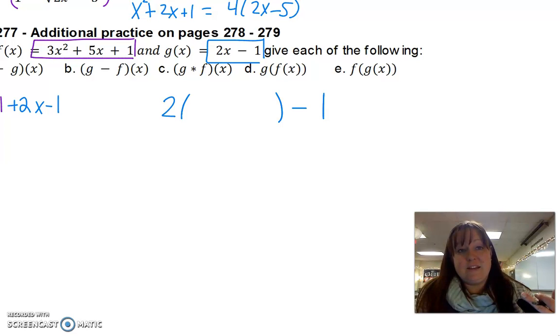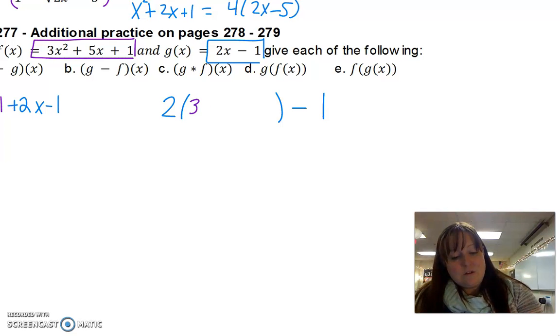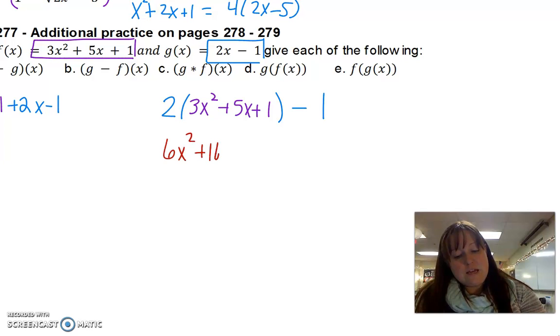And where that x is where I'm going to put f, right? F goes inside of g instead of x: 3x squared plus 5x plus 1. So in the end, we end up with 6x squared plus 10x plus 2 minus 1. And then we just combine things that are the same, so it's 6x squared plus 10x plus 1.